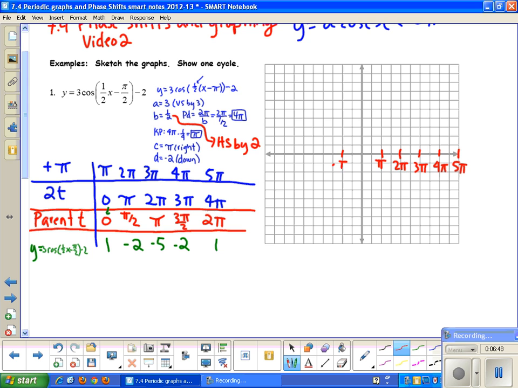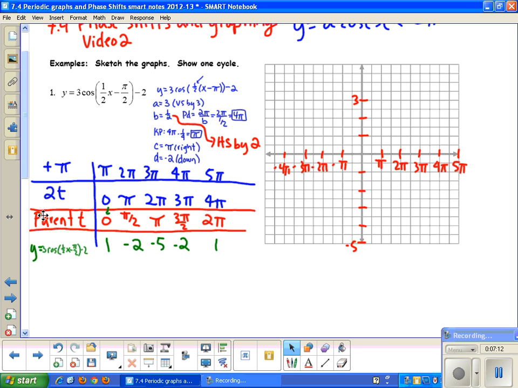So this would be negative pi, negative 2 pi, negative 3 pi, and negative 4 pi. Okay. And then I'll do this as 1, 2, 3. So that means this would be negative 5.